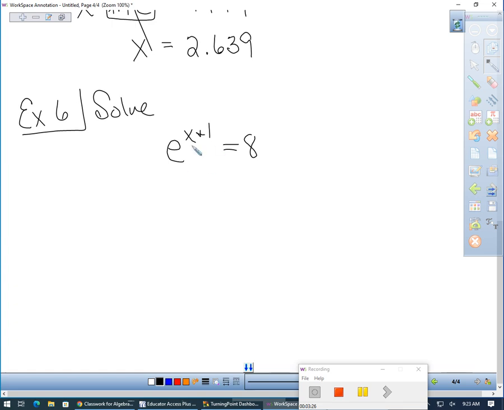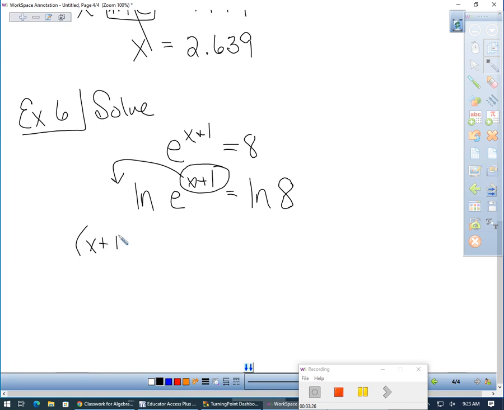So I'm going to go ahead and write a natural log in front of both sides. So the natural log of e to the x plus 1 equals the natural log of 8. On this side, this exponent gets to go out in front. So I have x plus 1 natural log of e equals the natural log of 8.